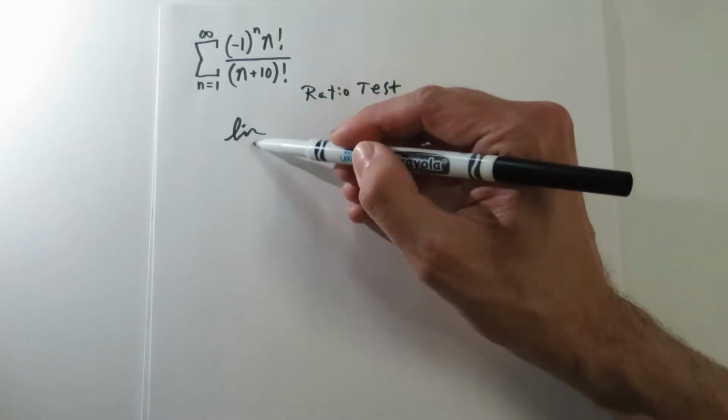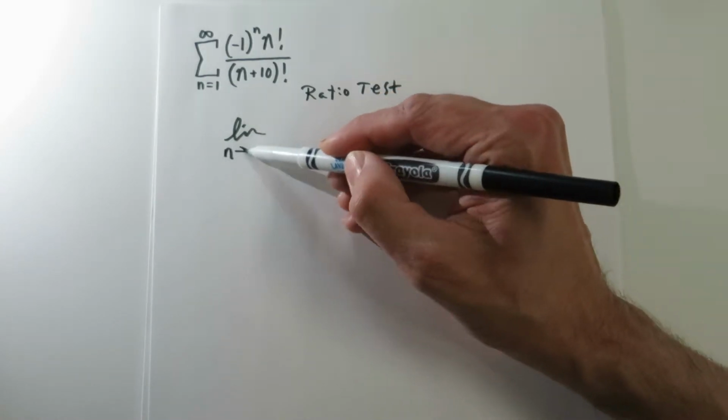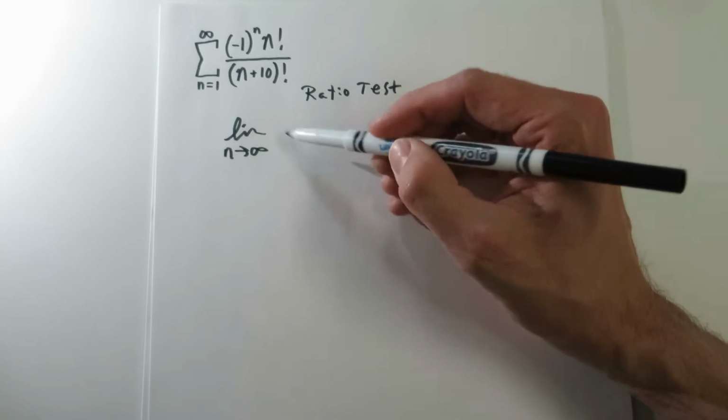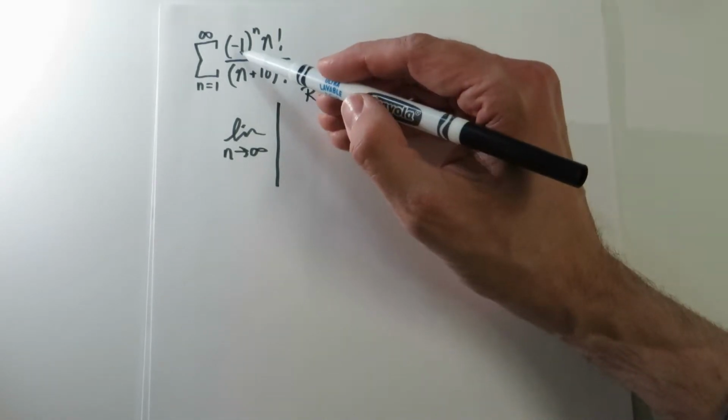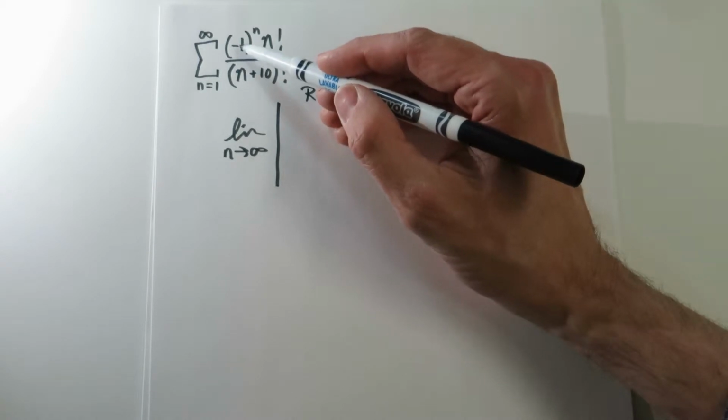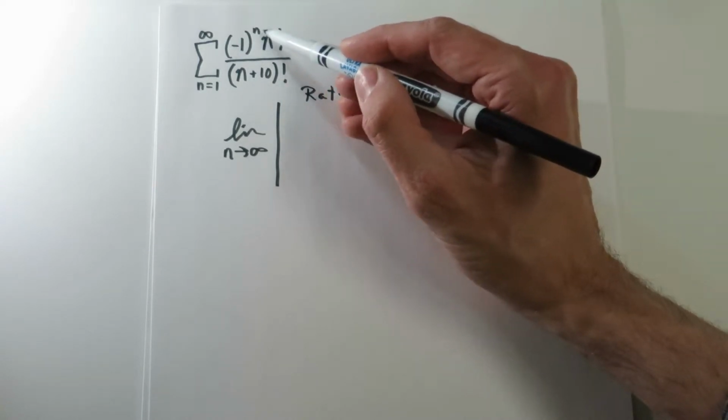That would be the limit as n approaches infinity of the absolute value of, now here we would have a -1 to the n plus 1 power.